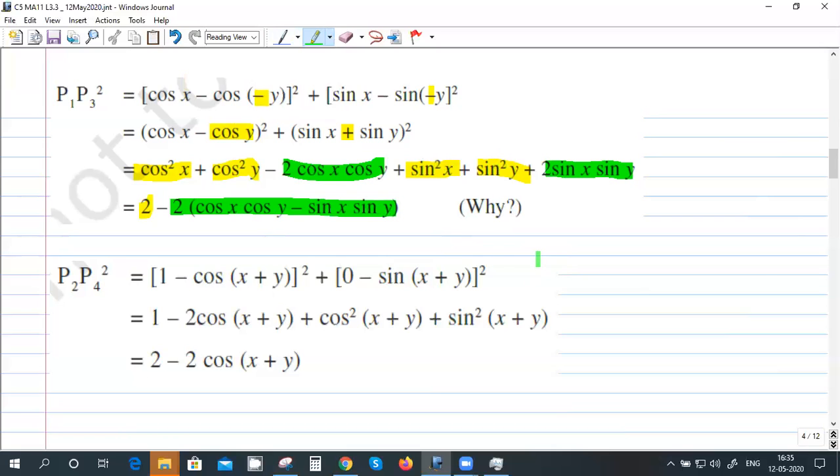Similarly, for the next one, again you have to take out the minus. Here there is no minus, this is just a minus b square. This is the first one, and the second one is just this one.